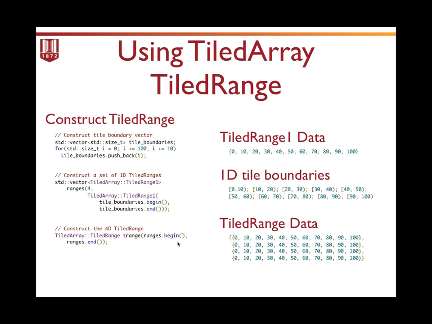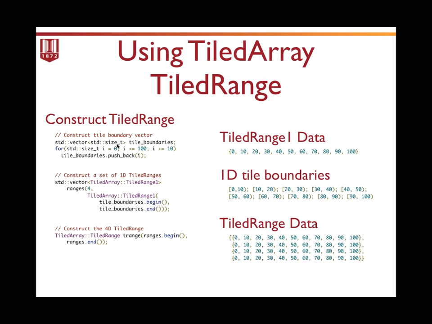So now I'm going to show you a little bit about how we construct TiledArray objects and how we use them. So the first step is to construct a tiled range. And a tiled range just represents the tiling structure of our tensor.